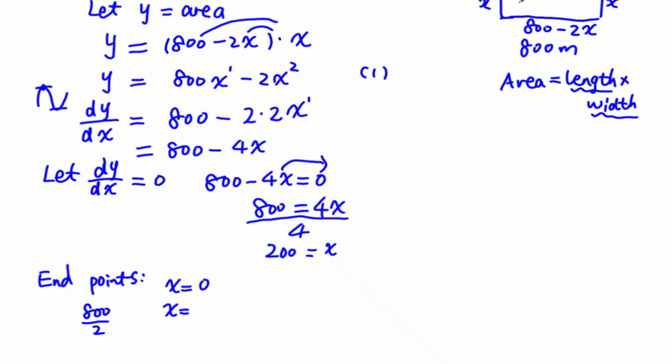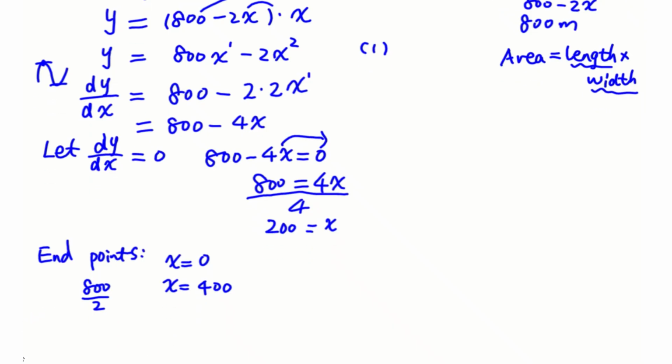So both sides is 400, you have 800. So these are your ending points. So we are going to use these 3 to find out the y value, then we can tell what the absolute maximum is.